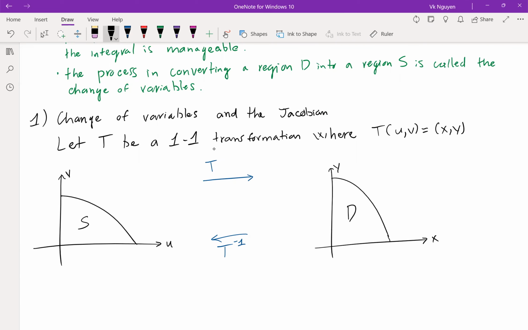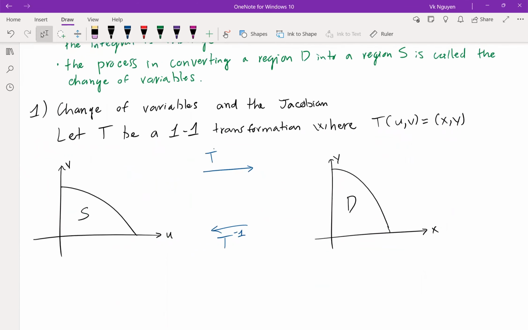Region D. We have to rewrite dA in terms of du and dv. In the region S, cut this into smaller pieces, and then you can get a sample rectangle. I should have written S somewhere.